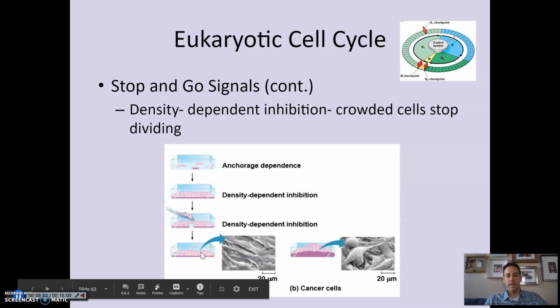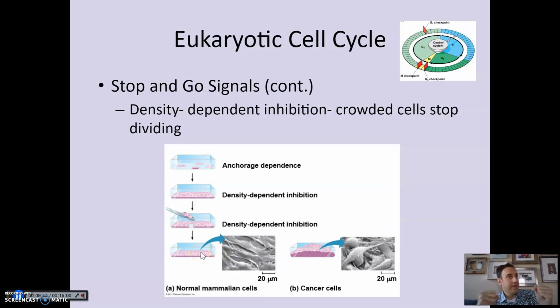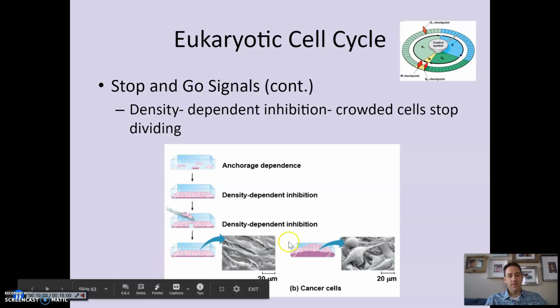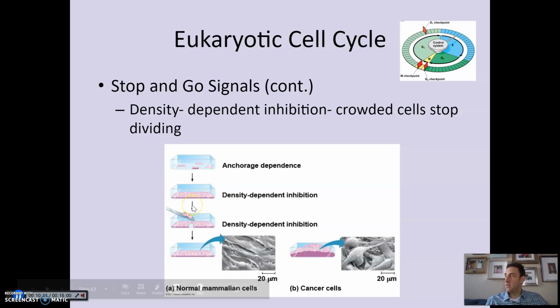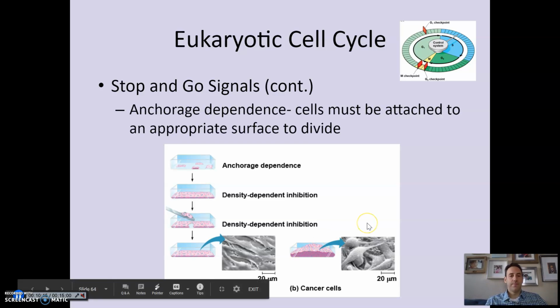This is called density-dependent inhibition. It's like, okay, I'm snug up against my neighbors, I won't divide. Well, certain cancer cells ignore that. If you do the same thing with cancer cells, they just keep going and grow and pile up into a big mass. Density-dependent inhibition tells the cell there's enough of us, so we can stop dividing, and cancer cells ignore that.